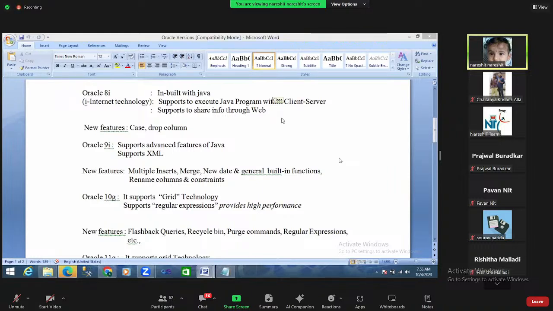See, OLAP, OLTP, where can they exactly be used in banks? One guy asked this question, one doubt. In the banking sector, where can this OLTP, OLAP be used?